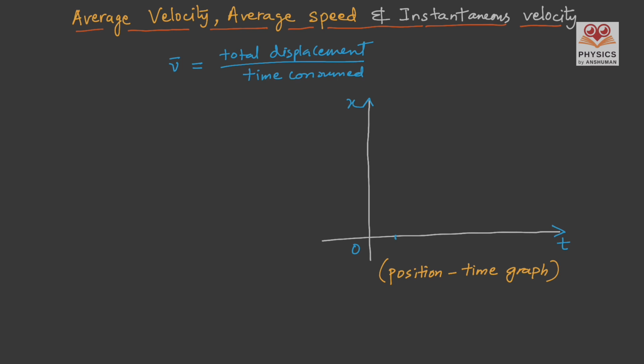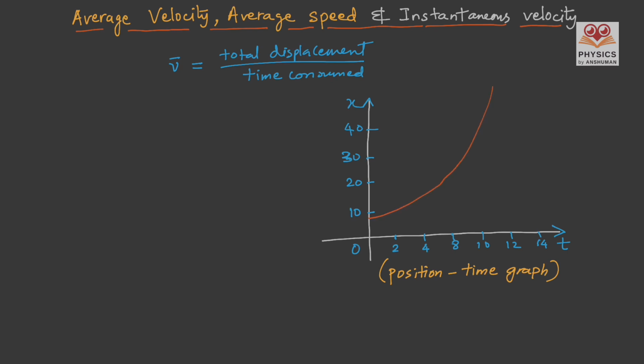Suppose this is 2 seconds, then we have 4 seconds, 8, 10, 12, 14 seconds, something like this. And on the position axis, let it be 10 meters, 20 meters, 30 meters, and 40 meters. And for a given motion, let us draw a graph. So let's draw a curve.